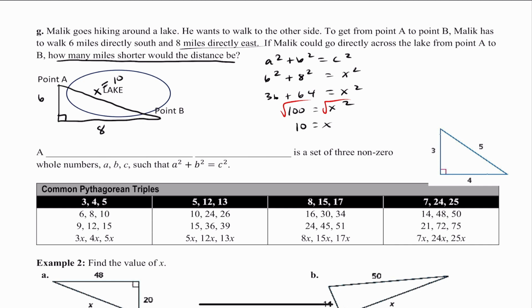So originally, if he goes from point A to point B just like this, that's going to take him 14 miles in total. But if he went from point A to point B diagonally, if he can go across the lake, that would take him 10 miles.